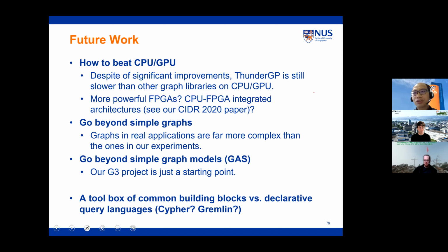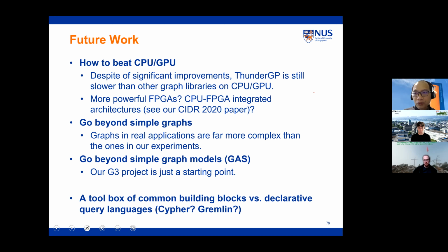The first one is very interesting, based on the FPGA. Even though we make significant improvement on FPGA, we still find that the current absolute performance is just similar to a one-socket CPU, and far below the state-of-the-art GPU solution.